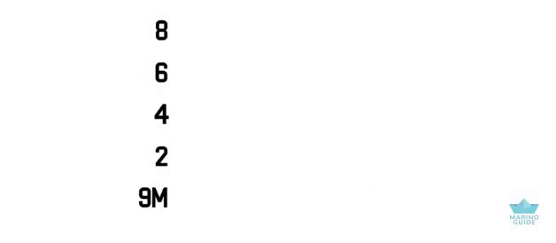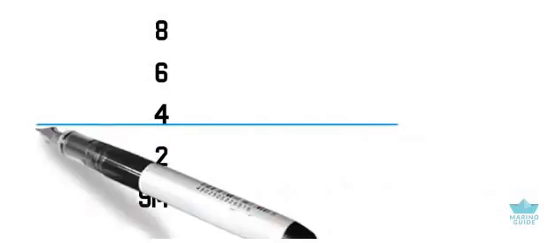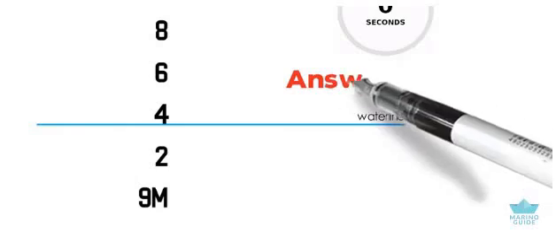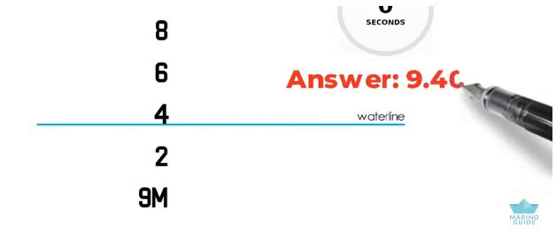Let's say that the water line is in this point. What is the draft reading? I will give you 10 seconds to think of the answer. The answer is 9.40 meters.